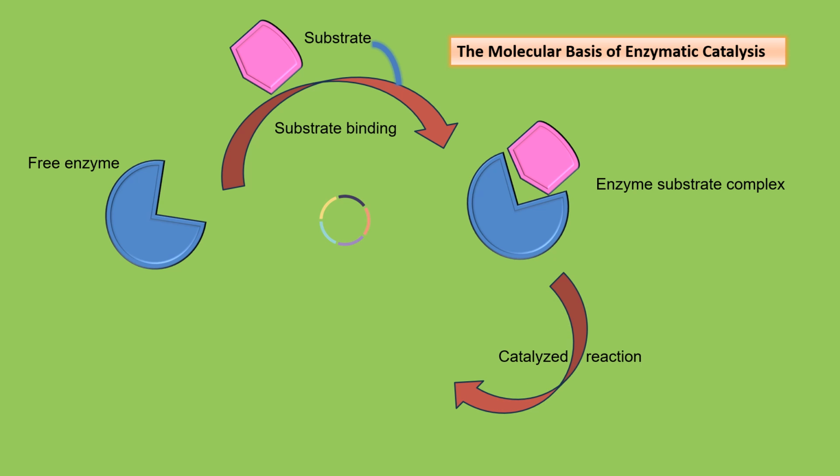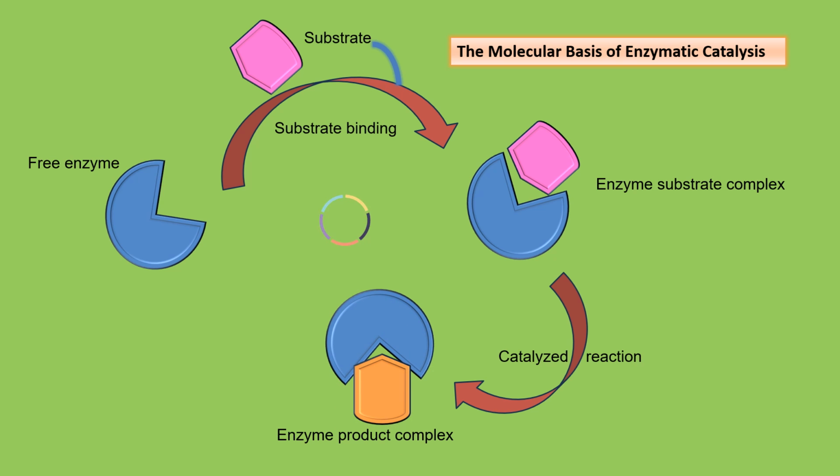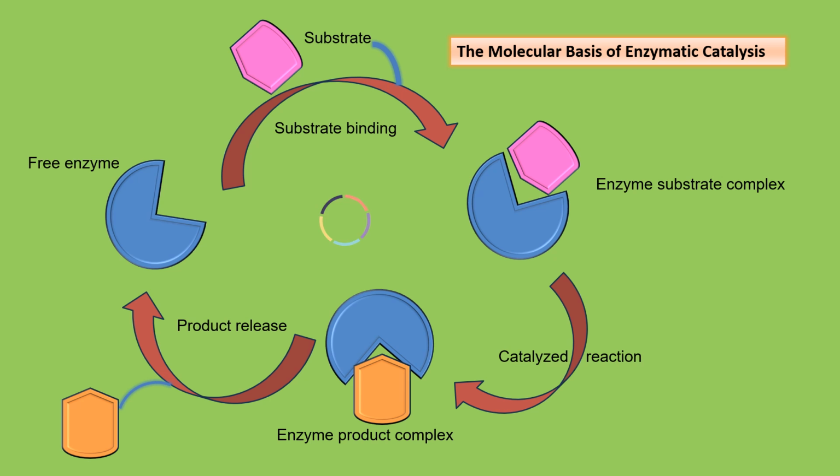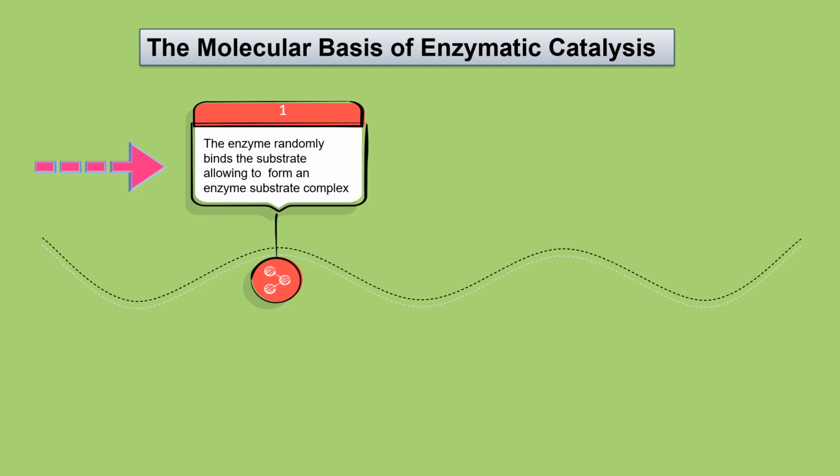Further, during the catalysis reaction, there is a formation of an enzyme product complex, which in turn undergoes conformational changes to bring about the release of the product. Along with this, the free enzyme is also released so that it can once again attach to another substrate molecule and the whole process continues. Let me explain more clearly.